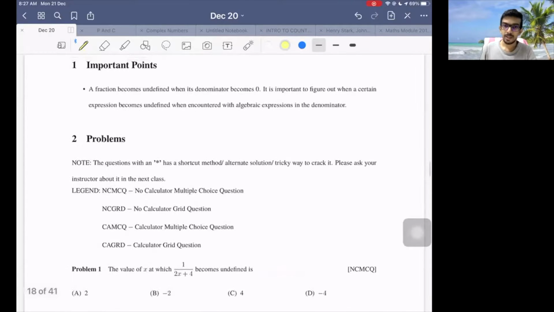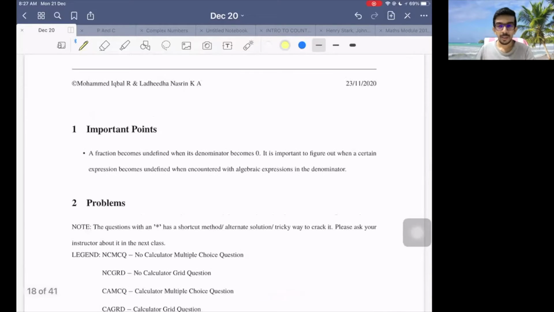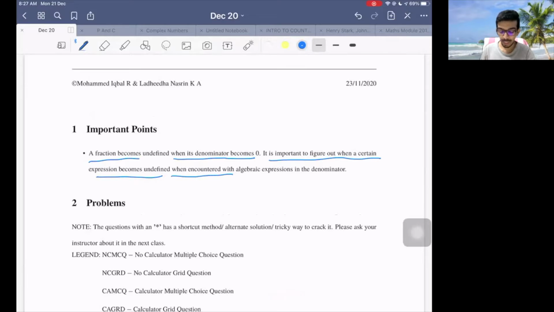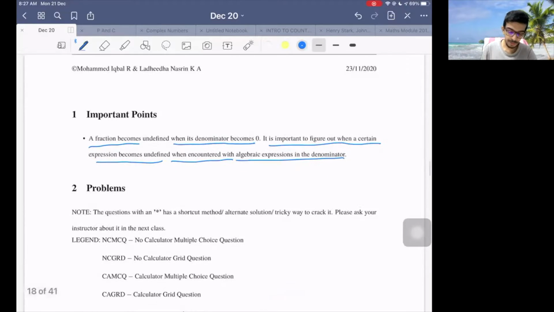Yes. So we're just discussing this idea. A fraction becomes undefined when its denominator becomes 0. It is important to figure out when a certain expression becomes undefined when encountered with algebraic expressions in the denominator. Let's see the first question.